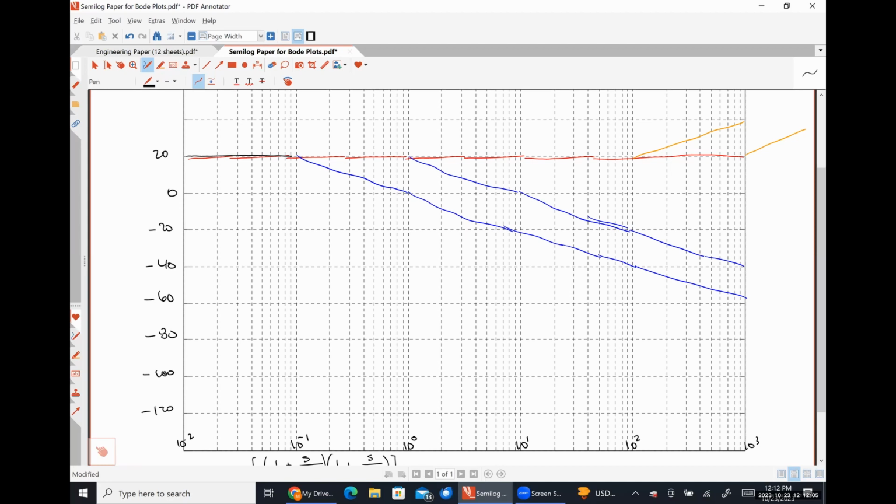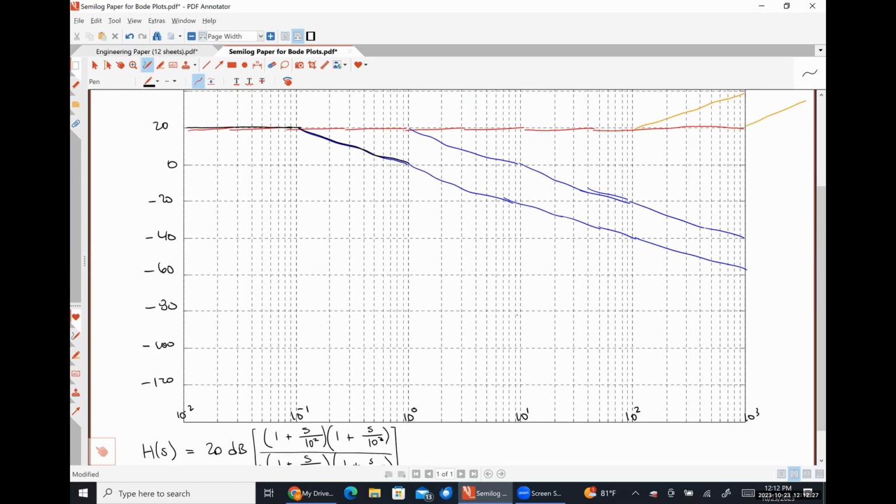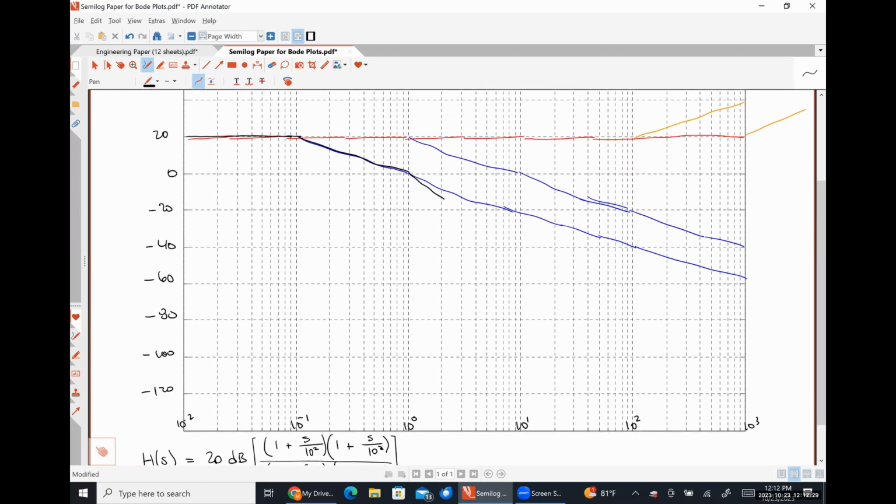we would be at 20 decibels until we hit our first pole. Then we would decrease at a rate of 20 decibels per decade. Then we're going to start decreasing at a rate of 40 decibels per decade because of our second pole, right? Forty decibels, there's one decade.